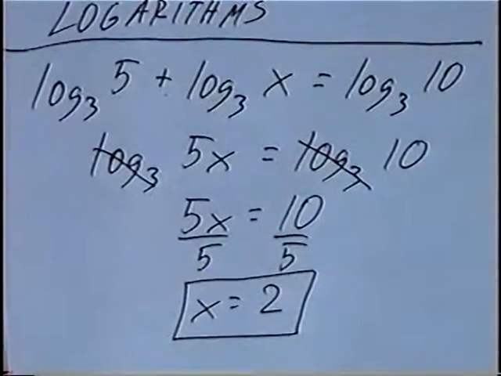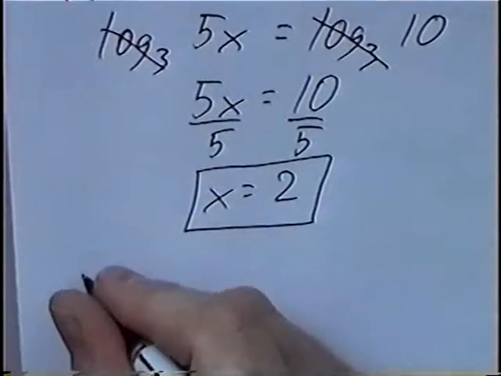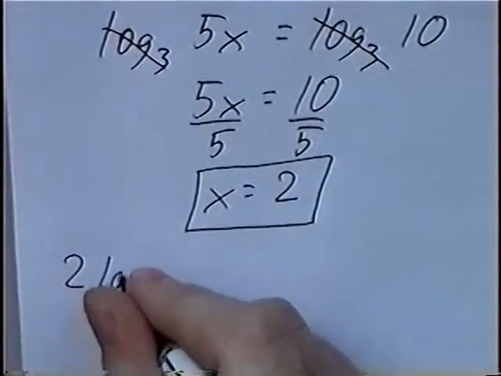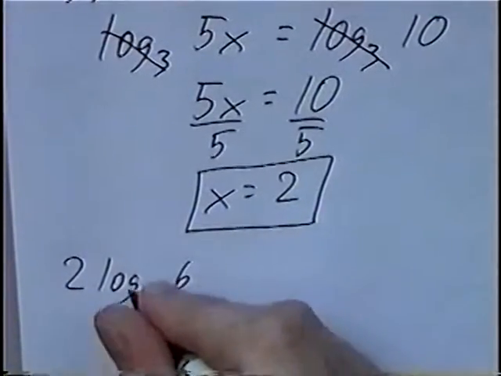Second question, and last question for the section. 2 times log base 10 of 6.